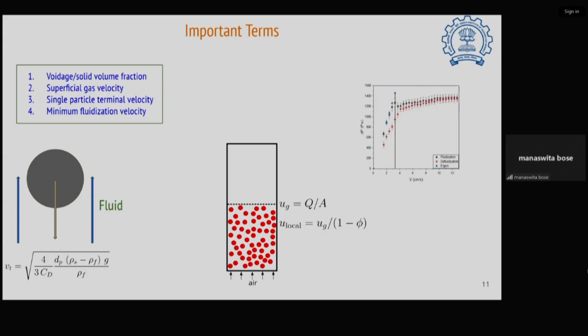The first three terms are very frequently used in gas solid systems. The fourth term, the minimum fluidization velocity, which we have already defined, is very specific to the fluidization problem. If you do horizontal pneumatic transport, or vertical transport, or a downcomer, or a riser, then the minimum fluidization velocity is not important there. It is important only if you are working on a fluidization process, right?